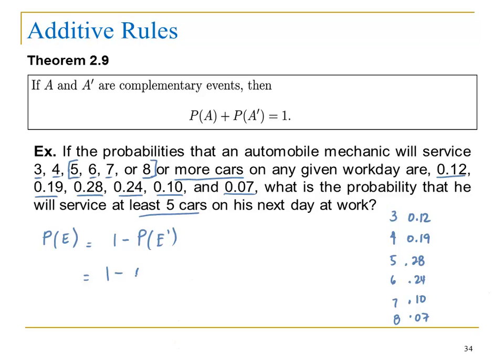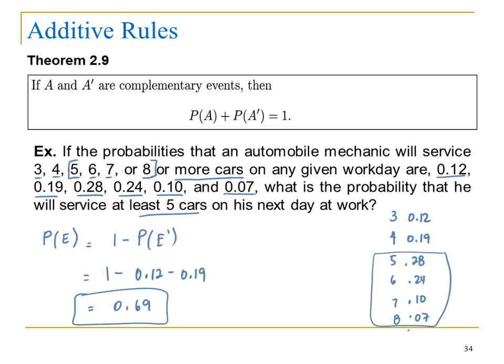So 1 minus 0.12 minus 0.19, and that will give you 0.69. Same thing, if you add these numbers, you will get 0.69.